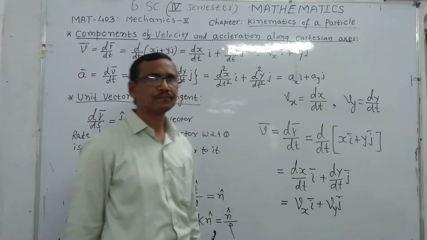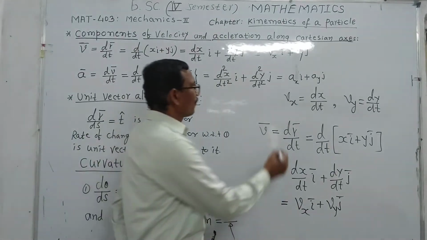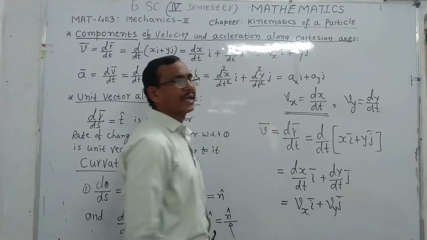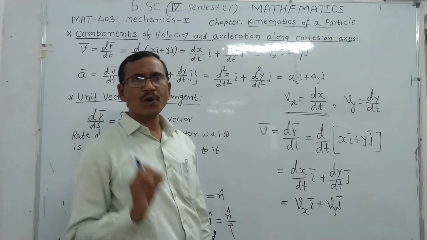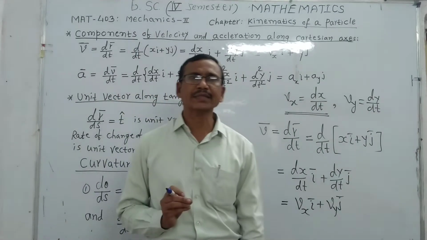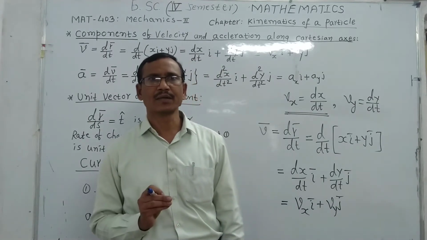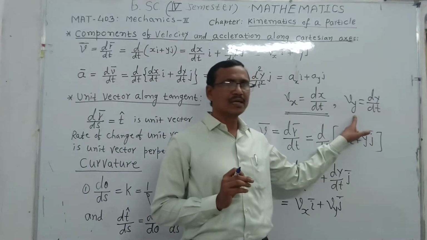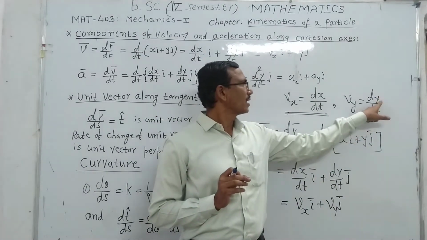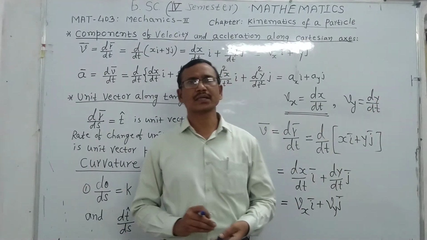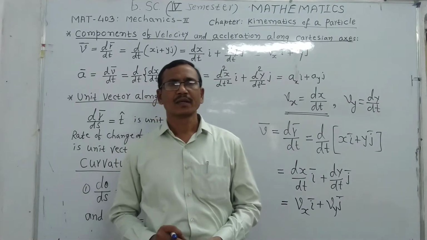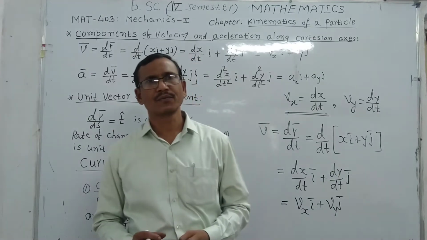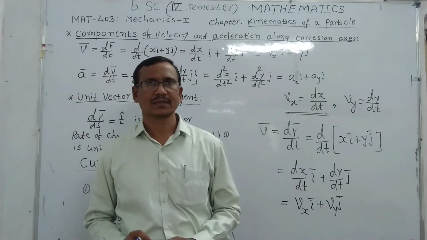Is it clear? Where vx equals dx by dt is a component of velocity along x axis or any line parallel to the x axis. Similarly, vy, that is dy by dt, is component of velocity along y axis or any line parallel to y axis. Okay?